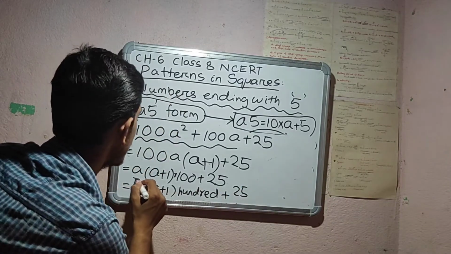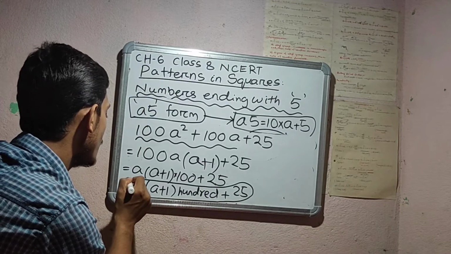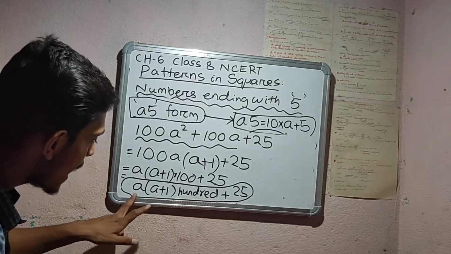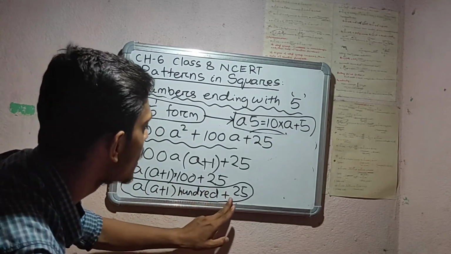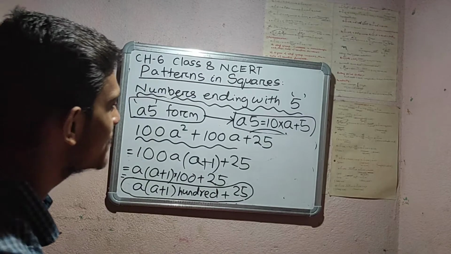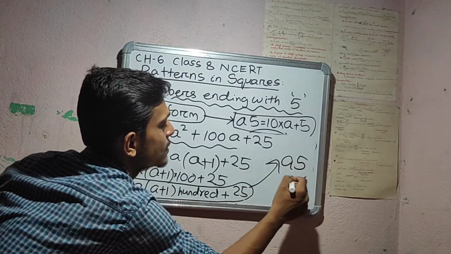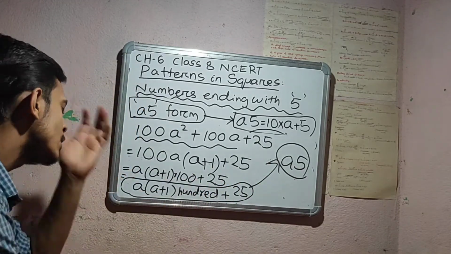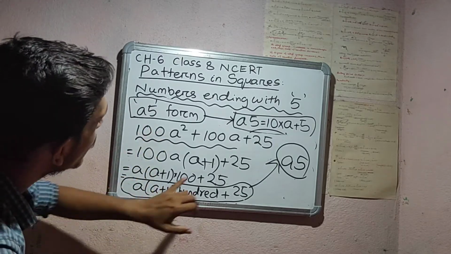So this is your general form for finding the square of a number ending with 5. A is multiplied with A plus 1, multiplied with 100, ending with 25. Where the form is this A5 form. If you take any number ending with 5, we have seen that the form is this.